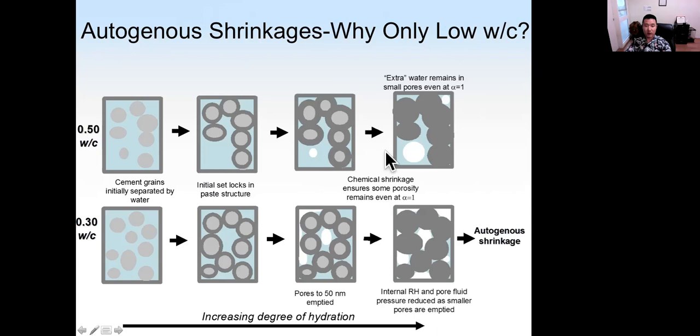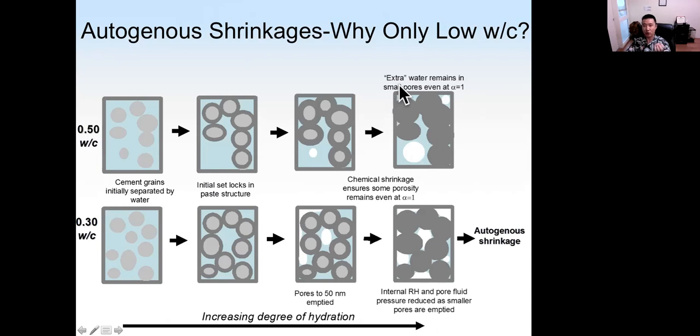When the water cement ratio is high enough, we know that because of chemical shrinkage, it will generate pores inside both concretes. However, for concrete with a high water cement ratio, the pores will be fully saturated.